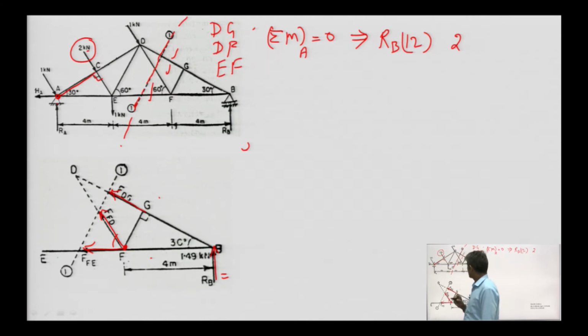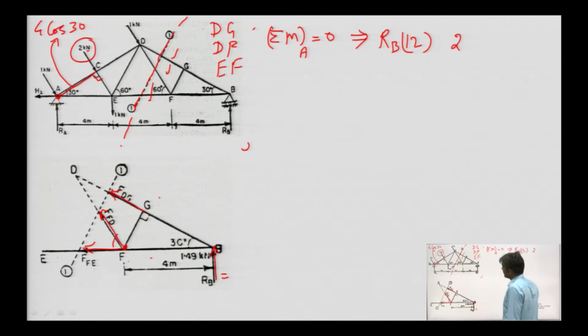This angle is given to us, it is 30 degree. Then this length will be 4 cos 30, the perpendicular distance.